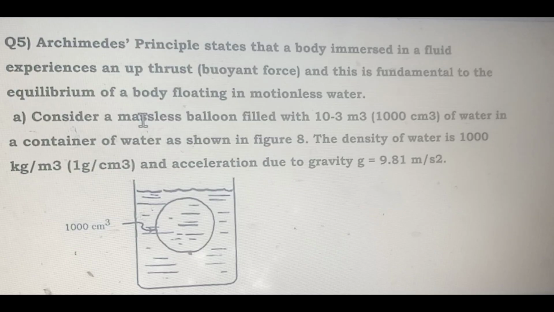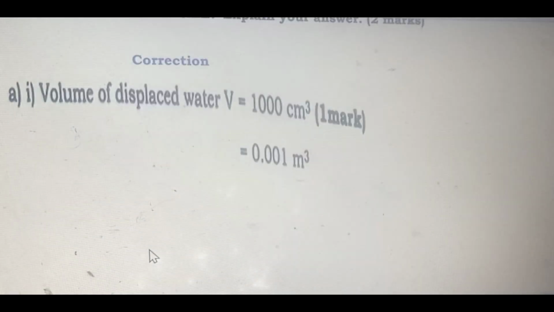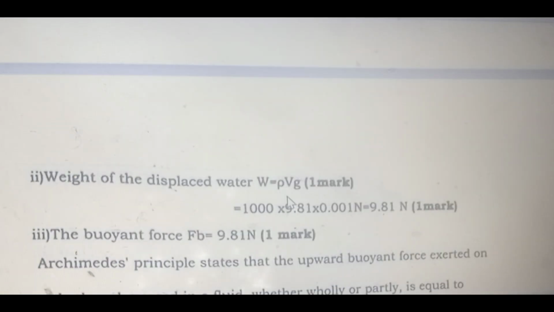That is why we use the formula of buoyant force: the density of fluid times acceleration due to gravity times volume is equal to the weight of displaced fluid, or the buoyant force, as you see in the solution. Density times volume times gravity, and we get 9.81 Newton.